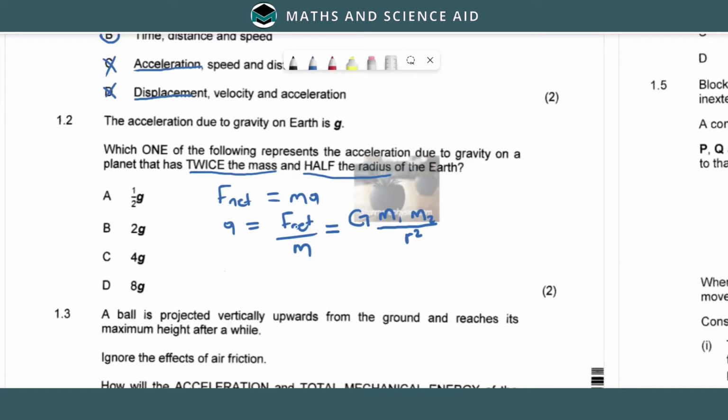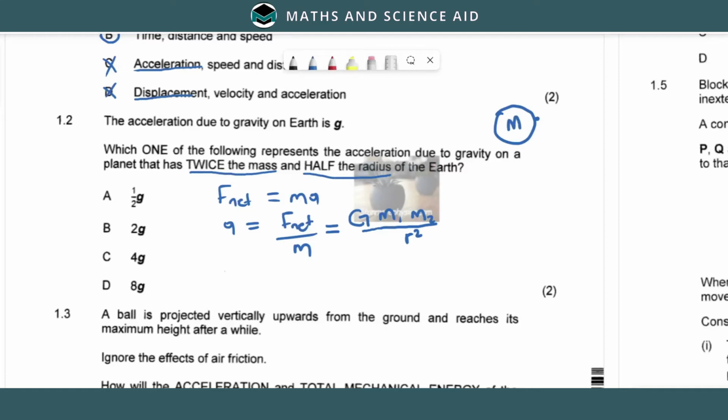So in place of F net, we can just write that, but you need to take note that one of these masses, since we are considering the interaction between this planet they are telling us about, as well as any object that is on the surface of that planet.